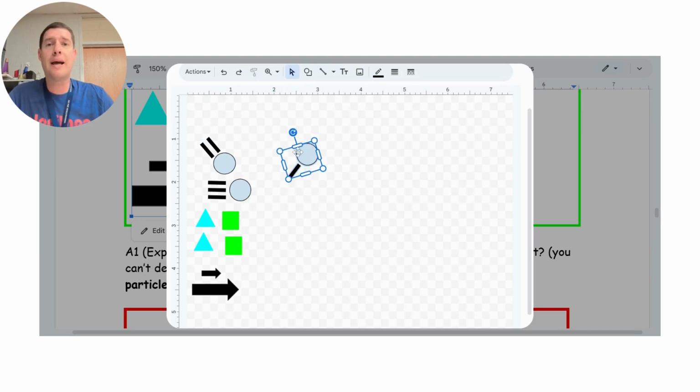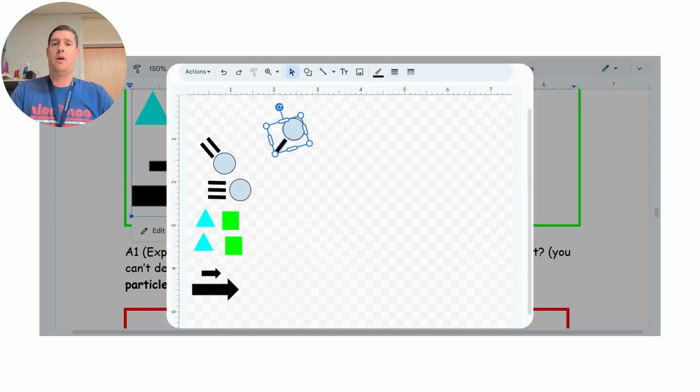Okay, if the question is asking you about temperature decreasing, so you're going to start with hot water, we have a way to symbolize how much energy a particle has, and we call these whooshies. These are the little black stripes.